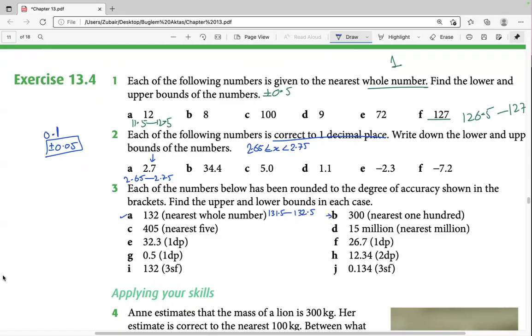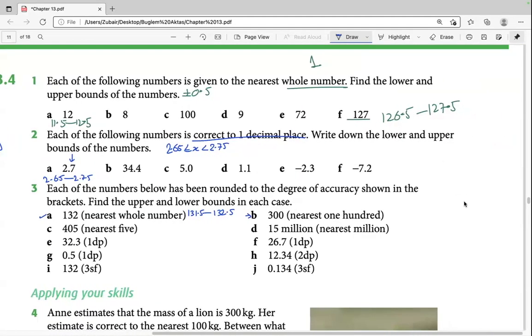Try B part, nearest 100. So we add or subtract 50. So this is 250 and 350.